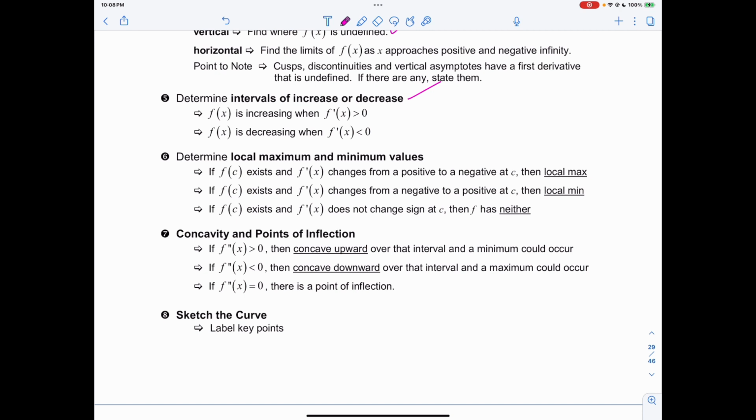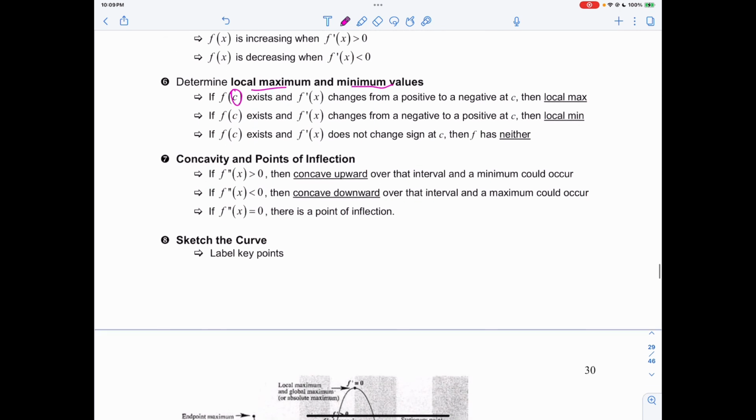We determine the local maximum and local minimum values using those critical numbers. When f prime of x changes from positive to negative, it's a max. When it changes from negative to positive, it's a min. And when it does not change sign, it is neither.